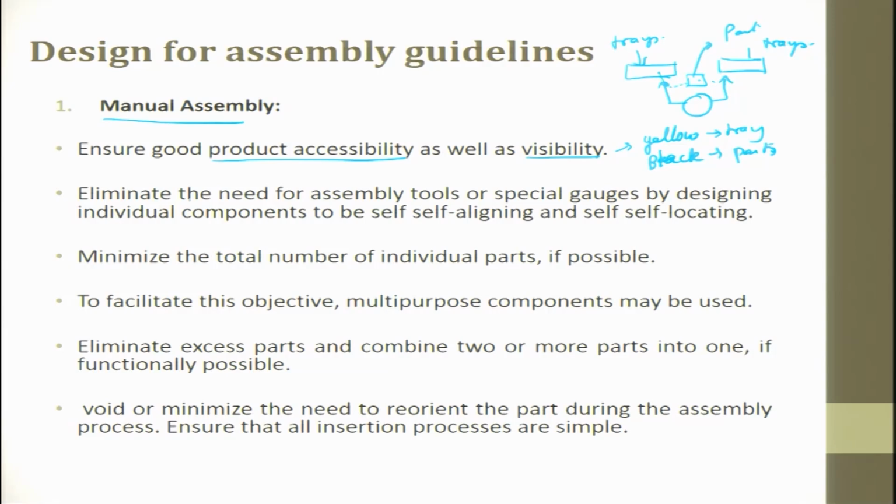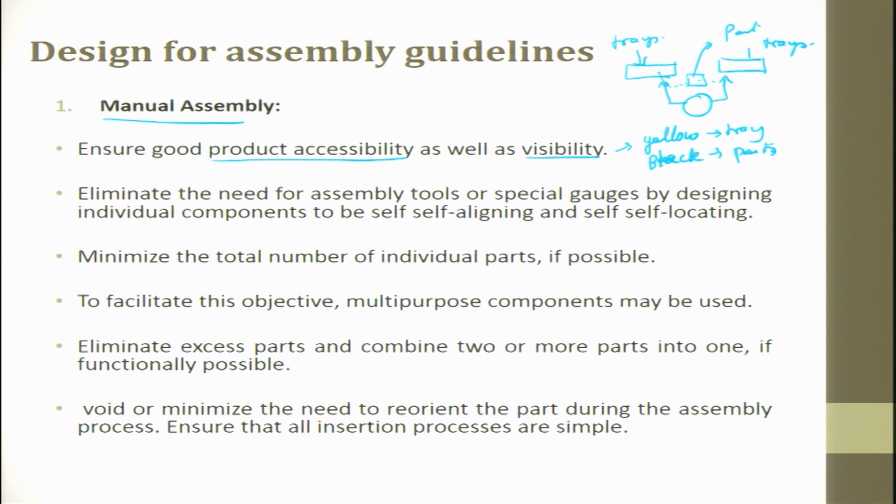The second thing is, eliminate the need for assembly tools or special gauges by designing individual components to be self-aligning and self-locating. That means when there is a slot and I drop a part, the part has to orient itself, align itself, and locate exactly at the point where it has to be placed.